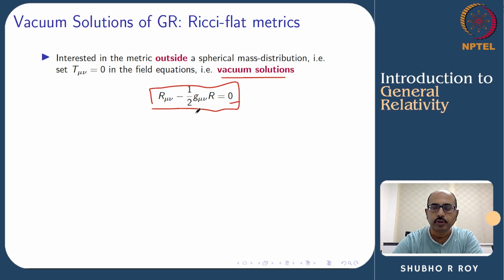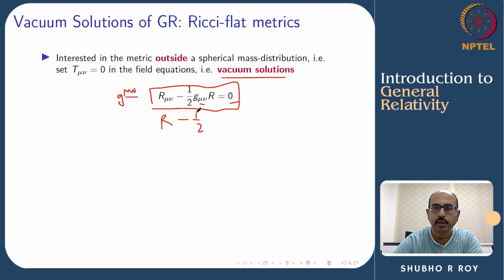Okay, so this is the Einstein field equation with the 8 pi G Newton over c to the 4th T mu nu term set to 0, the right hand side set to 0. In this case, what you can observe is if I contract both sides with the inverse metric, inverse g mu nu, the first term will give me R, and the second term will give me half times the metric contracted with the inverse metric, with both indices contracted.